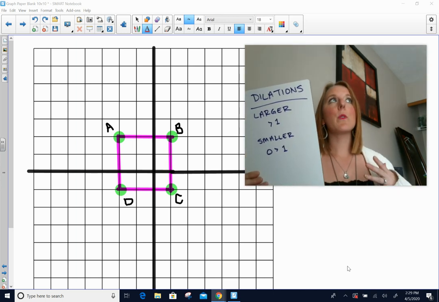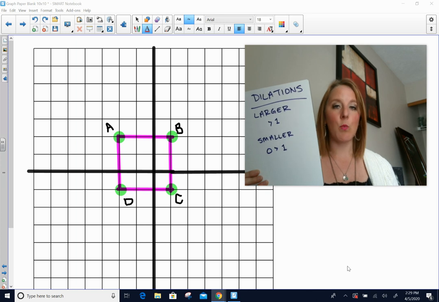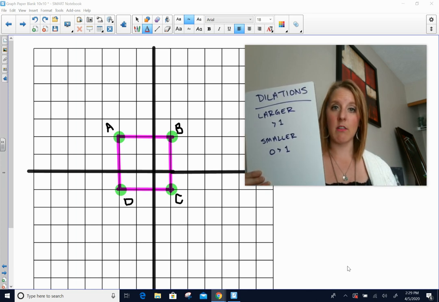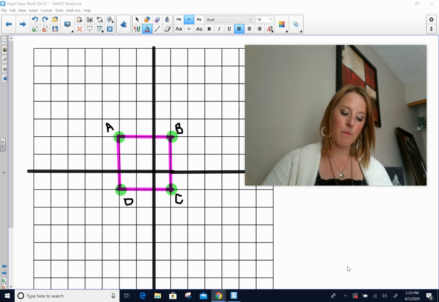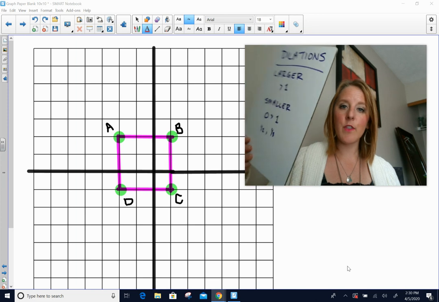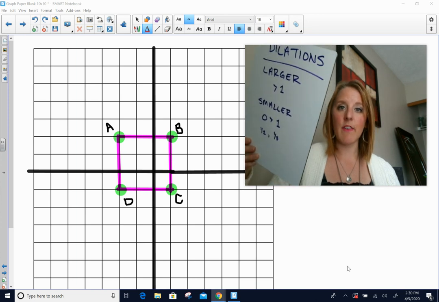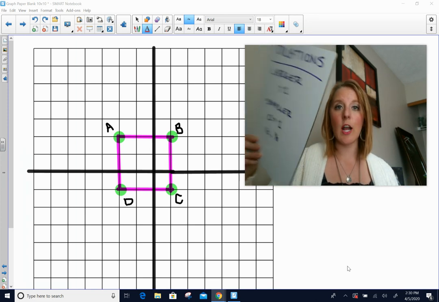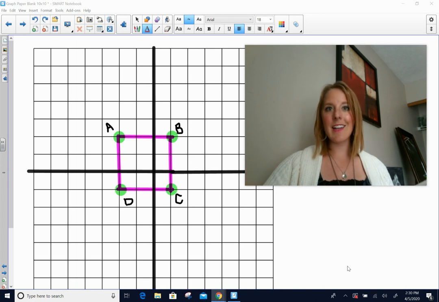So when we talk about between 0 and 1, we're talking about a fraction. That might be a half. It might be a third. All of those could be your scale factor if you're shrinking your object. And larger, again, it's got to be bigger than 1.